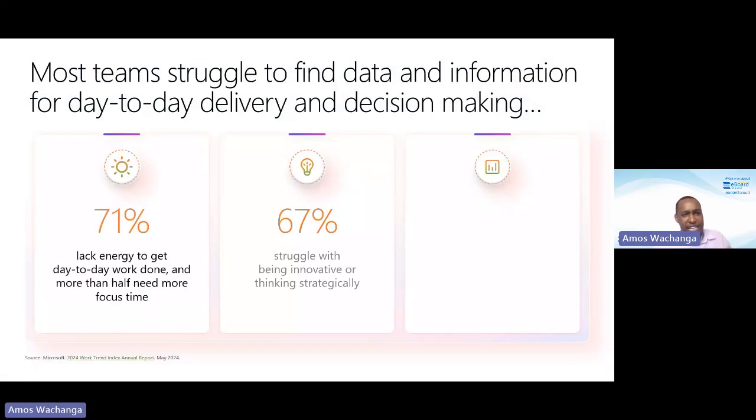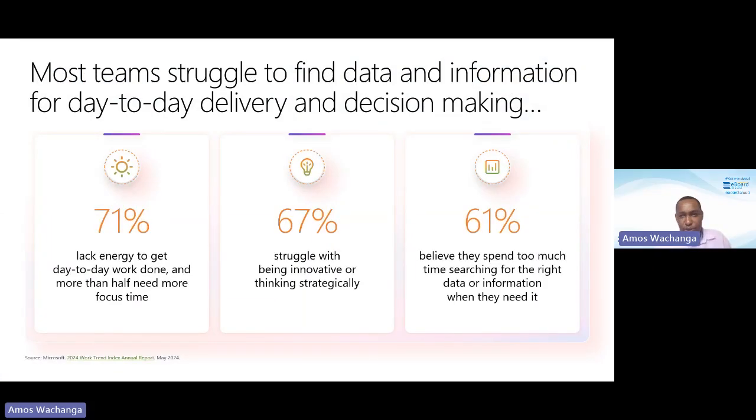Just to kick off, I was looking at some of the reports, and Microsoft did a study on Work Trends Index, and one of the things that was observed was that most organizations struggle to find information.